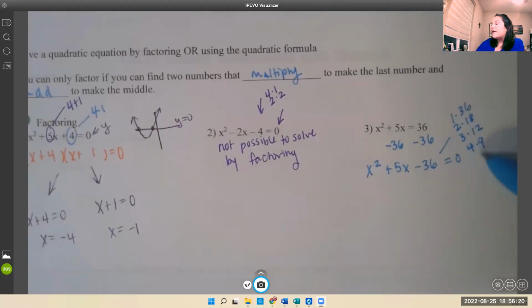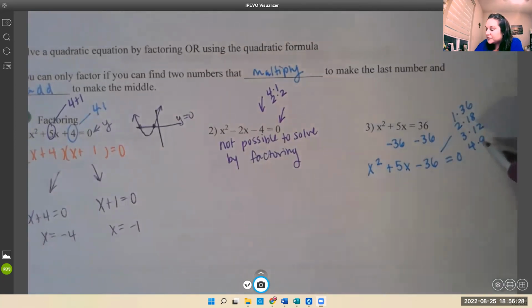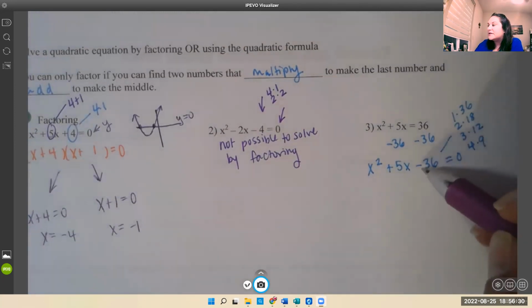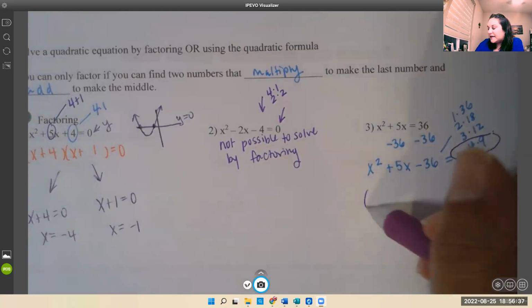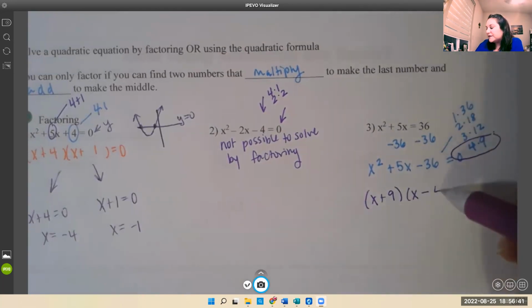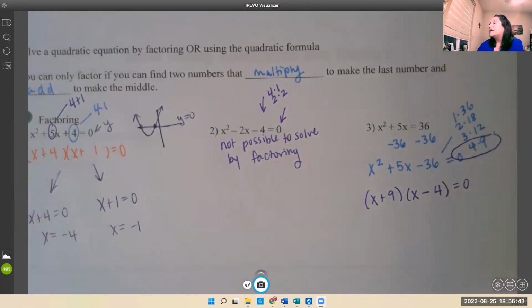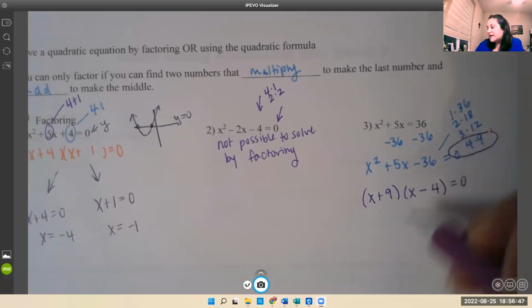I'm trying to think of all the factors of 36, and then I'm going to choose the combination that, when I subtract them, because the 36 is negative, I'm going to have two opposite signs. So 9 and 4 work, right? 9 times negative 4 is negative 36, and 9 subtract 4 is 5.